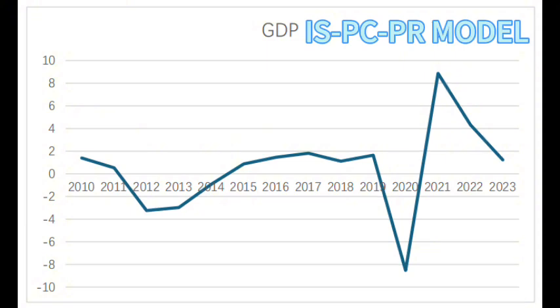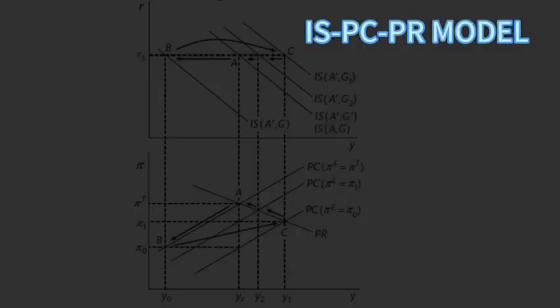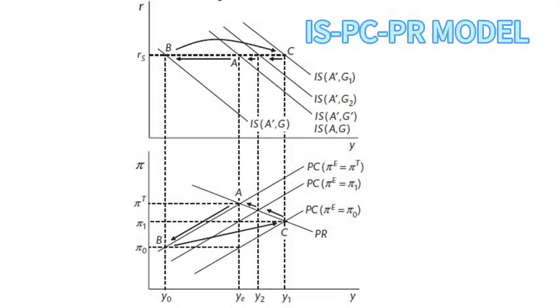Back to the IS-PC-MR model. Point A is at the equilibrium point. After being hit by a negative demand shock, the IS curve shifts to the left. At the same time, the interest rate has not changed, resulting in a decline in output.